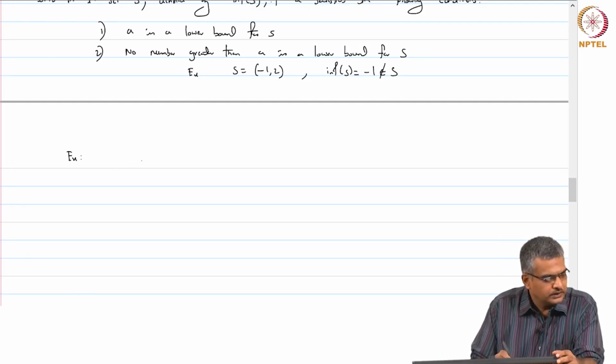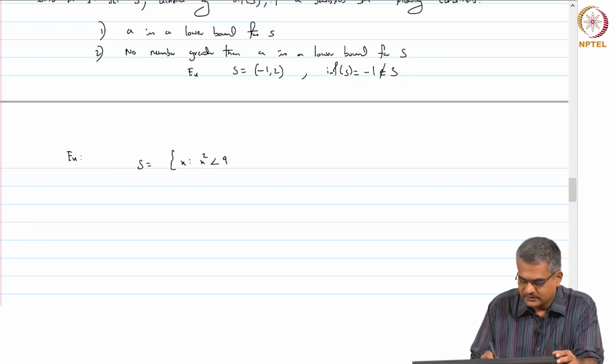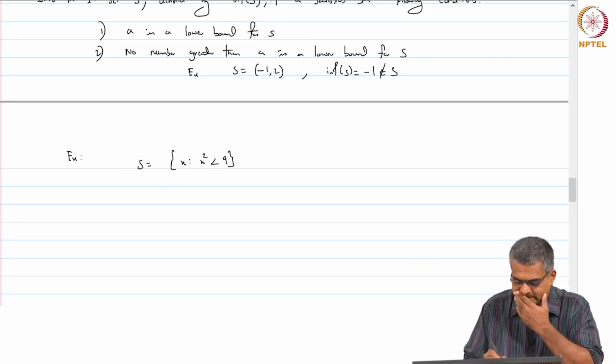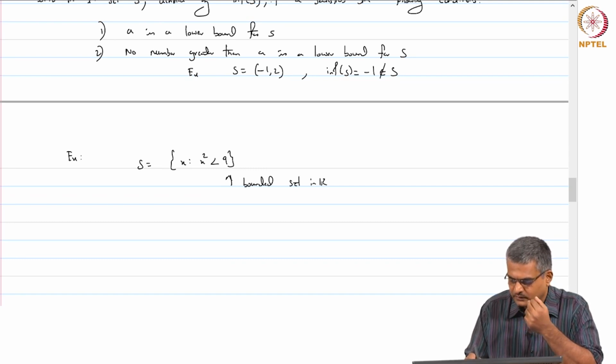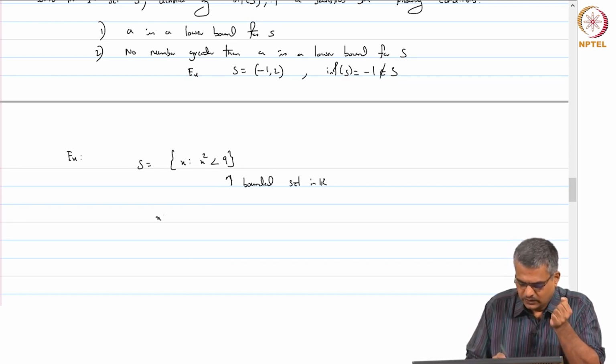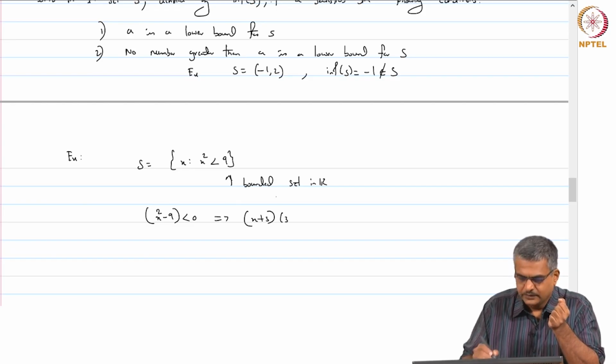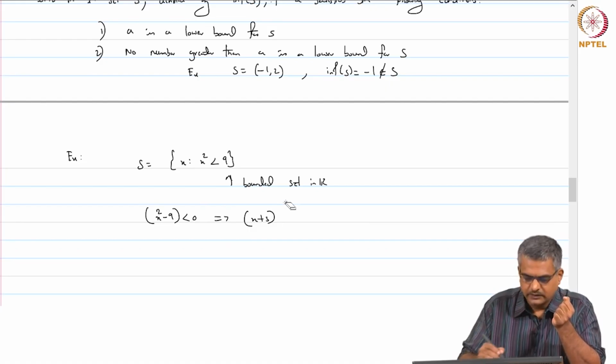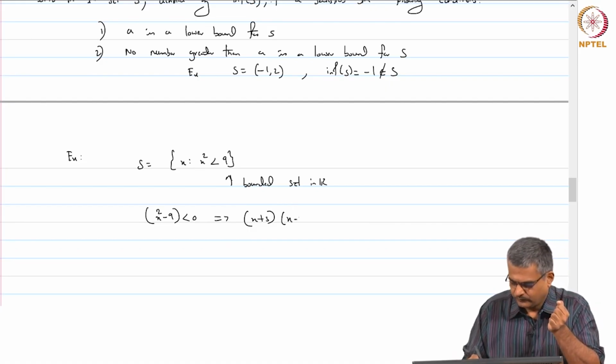So, I have a set S which is the set of points such that x square is less than 9. Again this is a bounded set in R, right. So, we can write x square minus 9 less than 0, which implies x plus 3 times x minus 3 is less than 0.